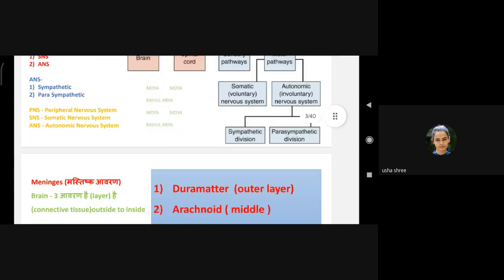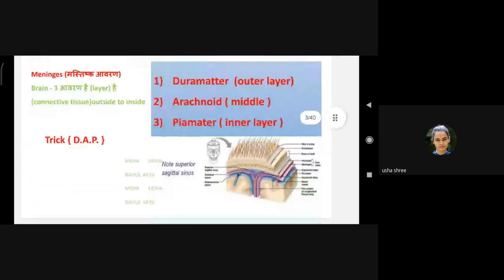So next, we are going to the first part of our central nervous system, that is brain. Now, brain is covered by three protecting layers. Those layers are known as meninges.